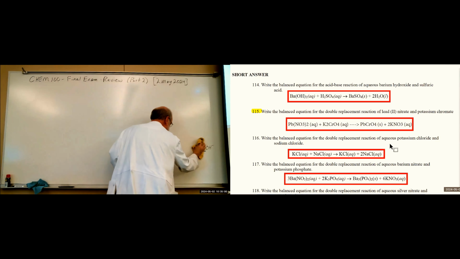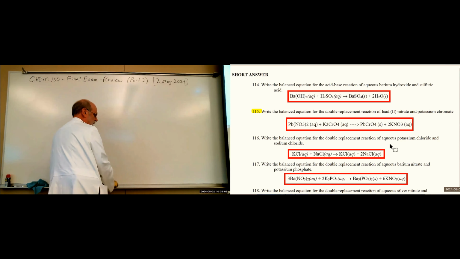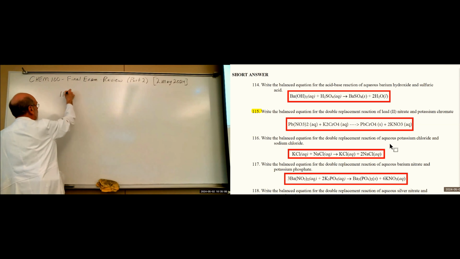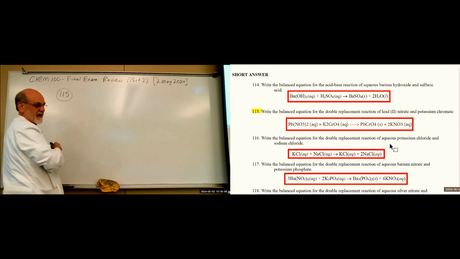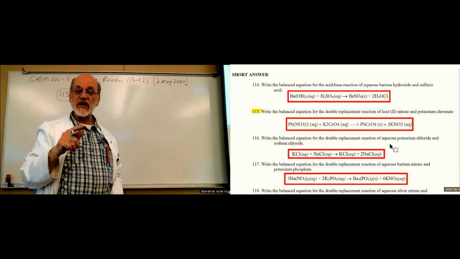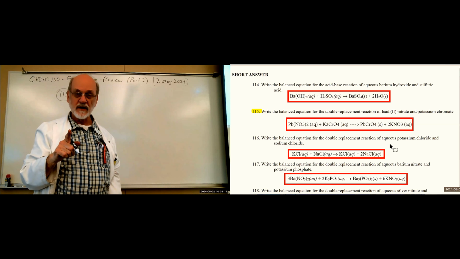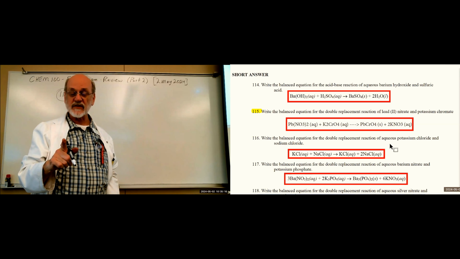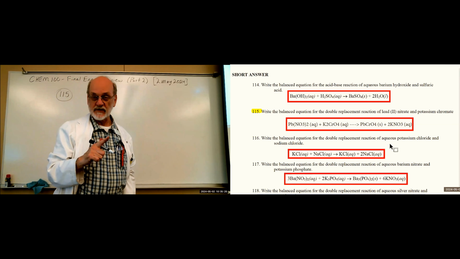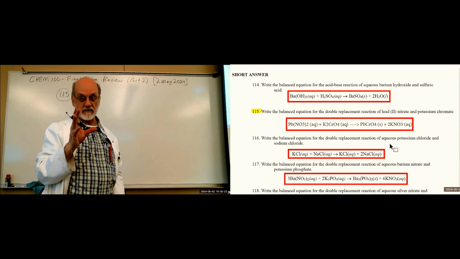In other words, if the reaction is described sufficiently for you, then if you know the reactants, you can predict the products. And this 115, the balanced equation for the double replacement reaction of lead-2 nitrate, potassium chromate. Double replacement. So we know what's going to happen with these reactants.